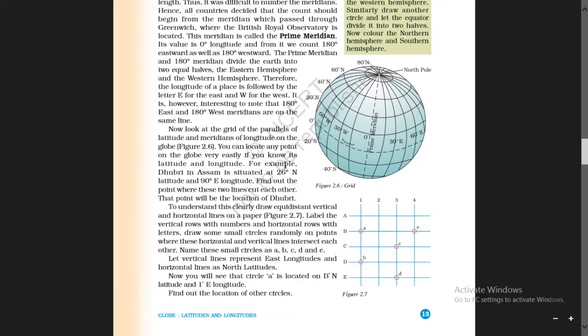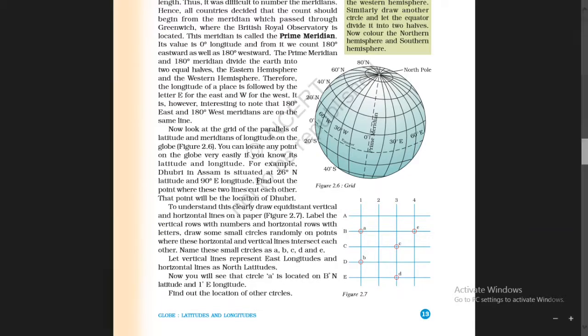For example, Dhubri in Assam is situated at 26 degree north latitude and 90 degree east longitude. So we can locate Dhubri in Assam very easily.